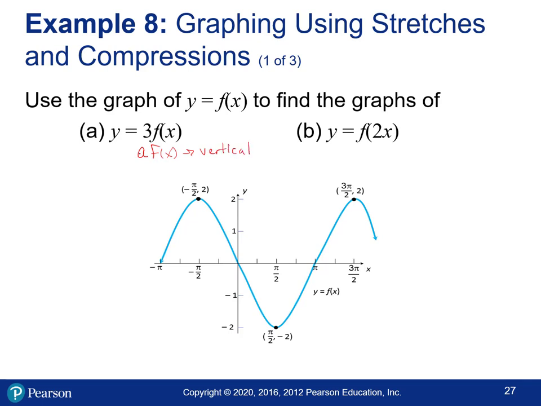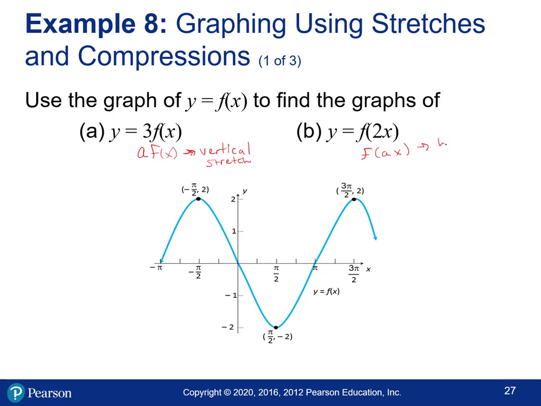Just by knowing it's a times f of x, it's vertical something, and then you look at the number. This one's a number bigger than 1, so this is going to be a vertical stretch. So just by looking at 3 times f of x, we can tell that that's going to happen. And then over here, notice the number's inside with x, so that's this case.